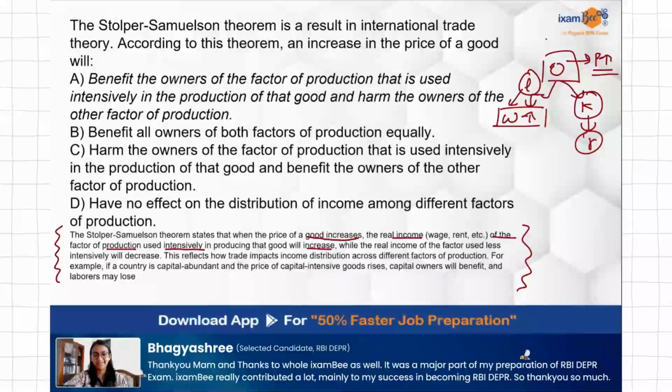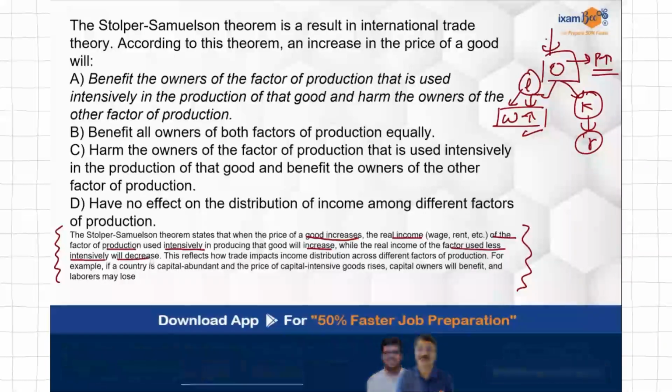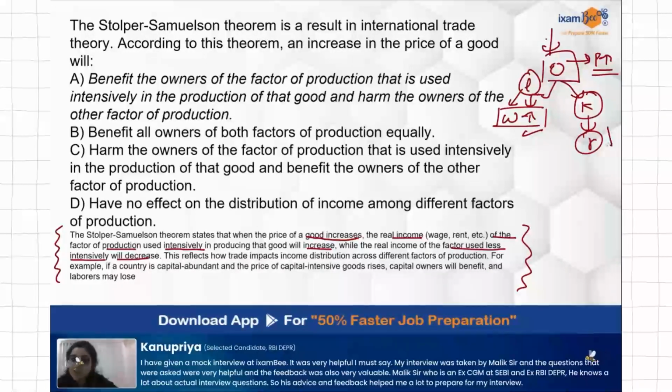So the theorem says that when the price of the good increases, the real income of the factor of production used intensively in producing that good will increase. That means W is increasing, while the real income of the factor used less intensively will decrease. So in this case, R is going to decrease.